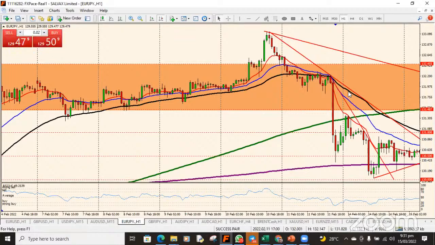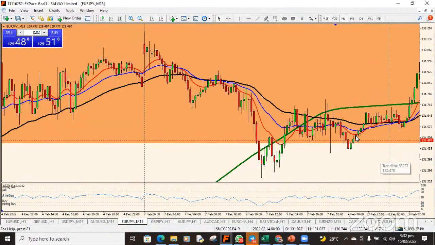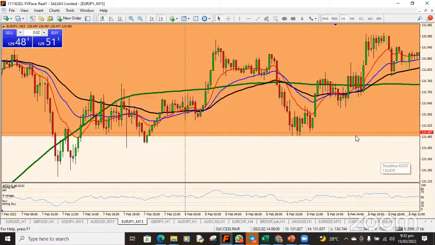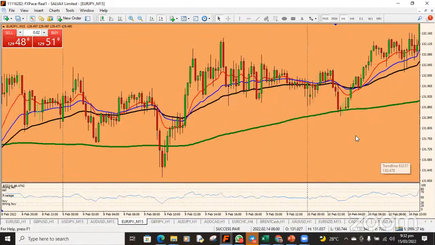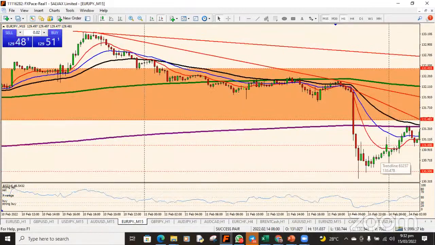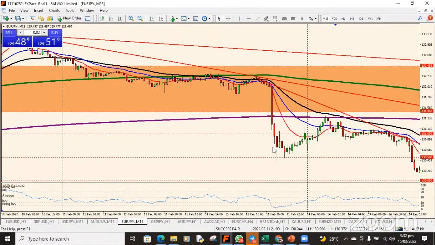While you are drawing this on a higher time frame, let me say you are taking your entry on 15 minutes. You draw this market on H1. What you are expected to do is to go to 15 minutes and look at the market there.